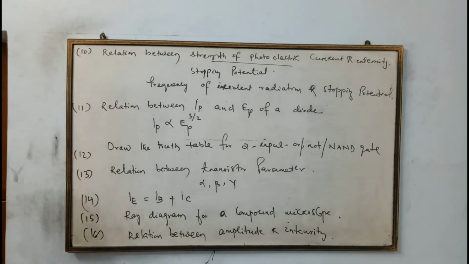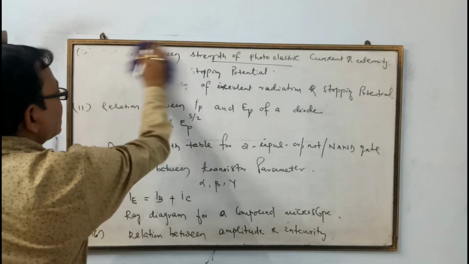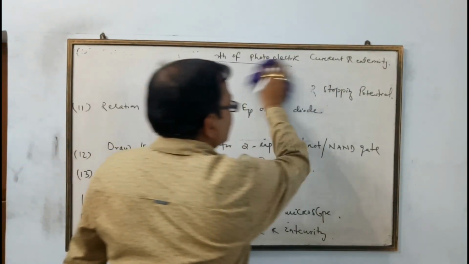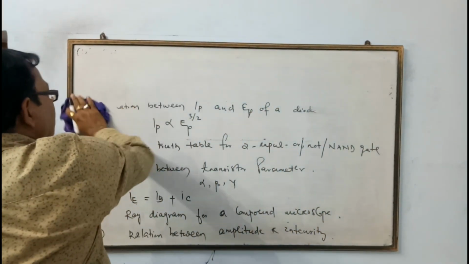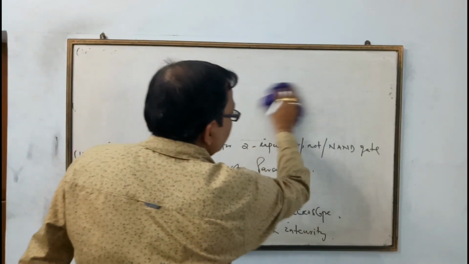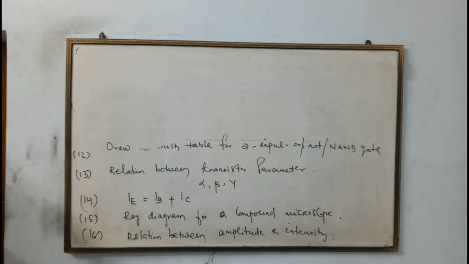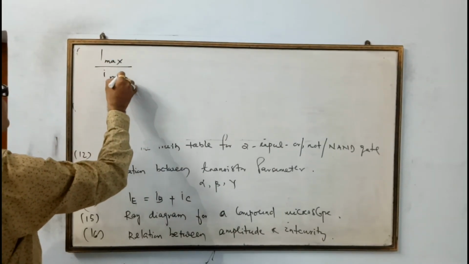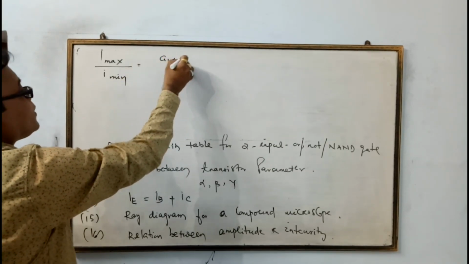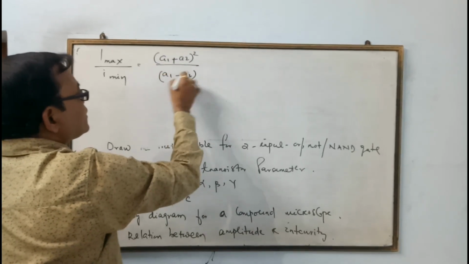The relation is Imax by Imin is equal to A1 plus A2 whole square by A1 minus A2 whole square.